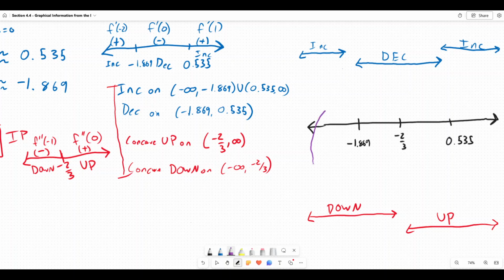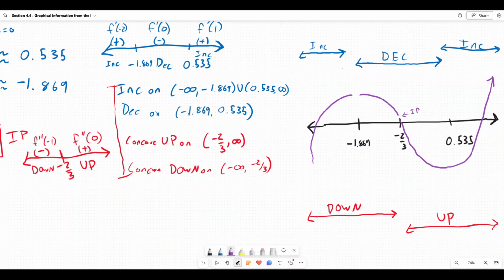Well, maybe it looks something like that. Now, I'm going to go from increasing to decreasing, still concave down, until I get to negative 2/3. Now, I'm going to keep decreasing, but with my concavity up instead, and you can see that inflection point right there, until finally, still concave up, I'm going to start increasing.